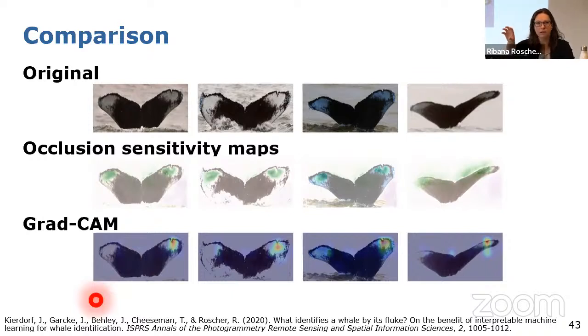It was always a little bit under it, and we were thinking, why does it not go in the middle? So we rotated the images, and then it always went towards the middle, to the fluke. We think it's maybe because the pattern found by the neural network will not be influenced by the water behind or something like this.